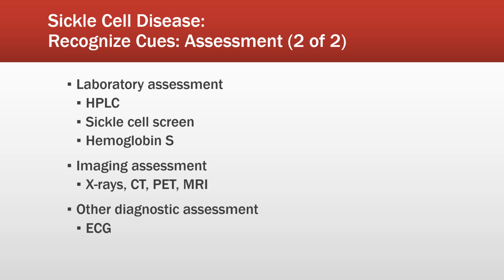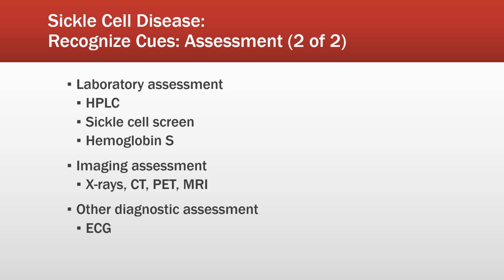The sickle cell screen and the hemoglobin S, that is basically screening for that sickle hemoglobin, or looking for abnormal red blood cells. The sickle cell screen and the hemoglobin S is screening that is mandatory at birth, and they usually also do it during prenatal care.